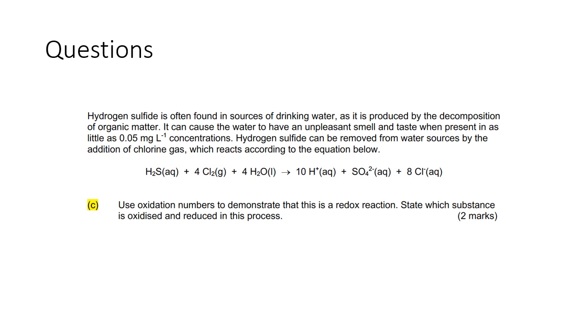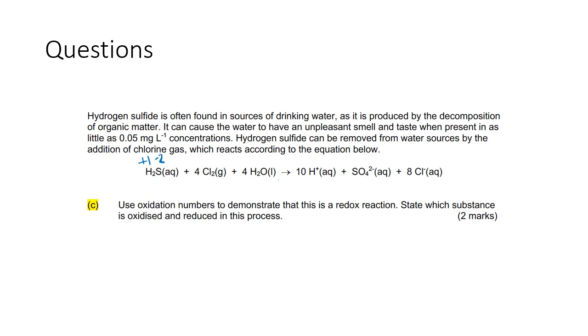Okay, so use oxidation numbers to demonstrate that this is a redox reaction, and state which substance is oxidized and reduced. Okay, so we have a look at them, we can work out the oxidation numbers of all of them. Okay, so +1, that must be +2, plus what makes 0. Okay, so that must be -2, so that is -2 for the H2S.